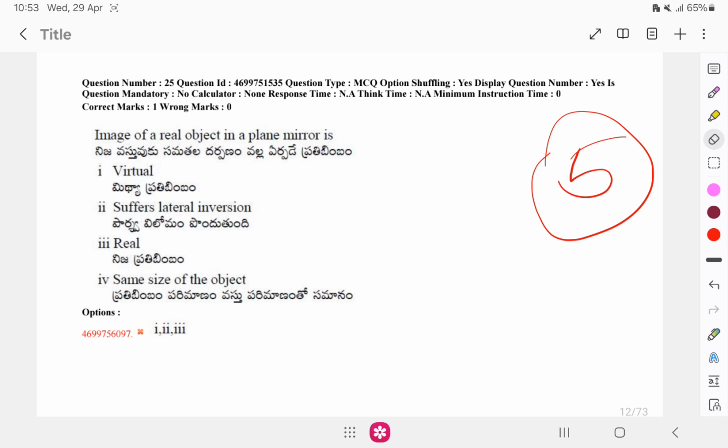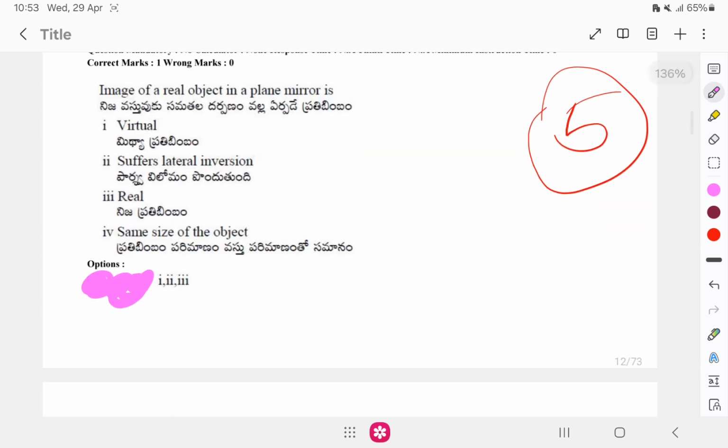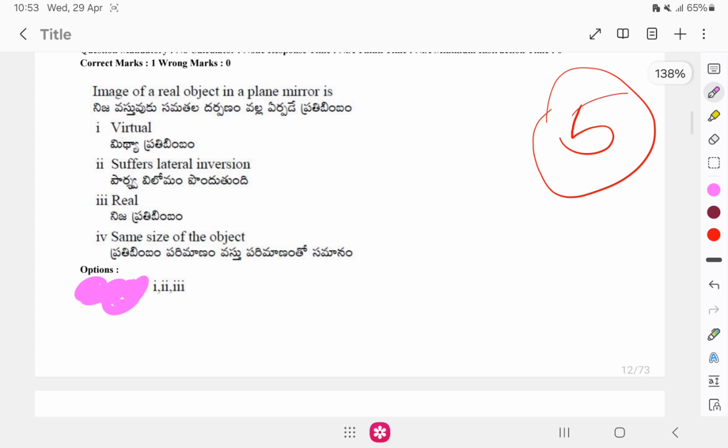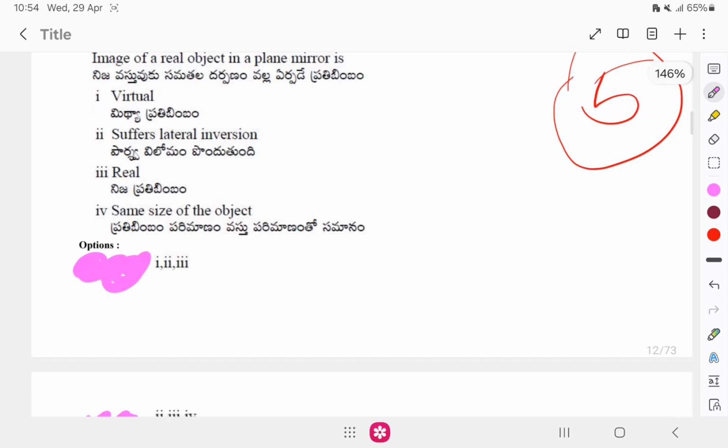Next question friends. Image of a real object in a plane mirror is. See the options friends.